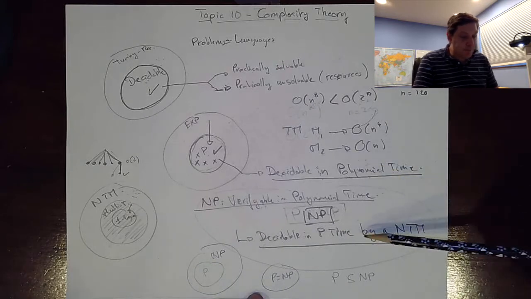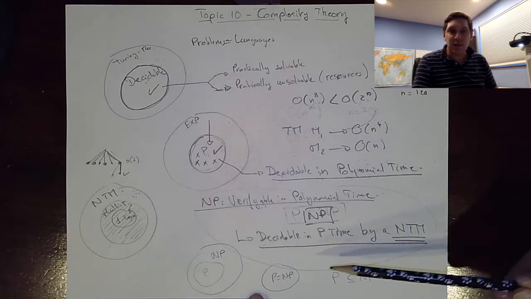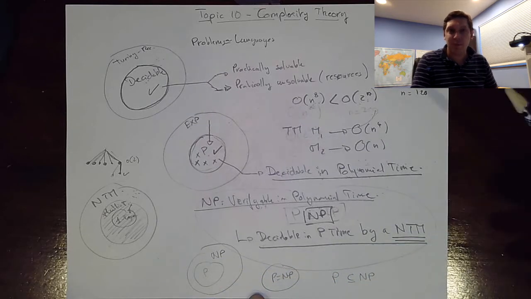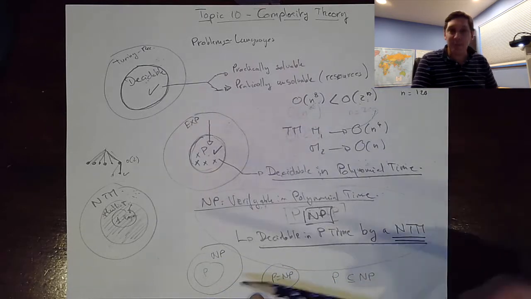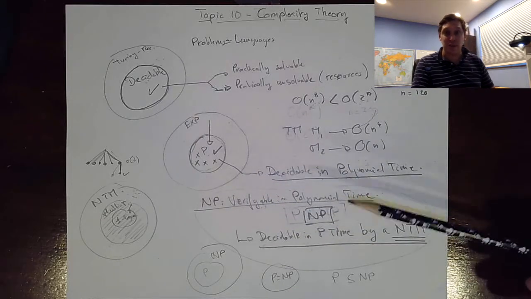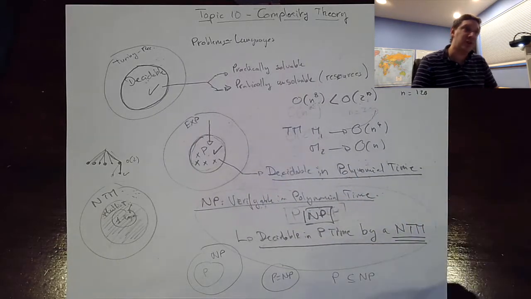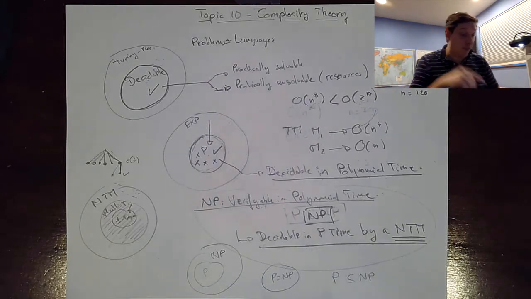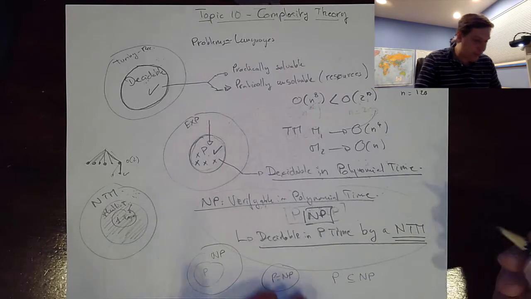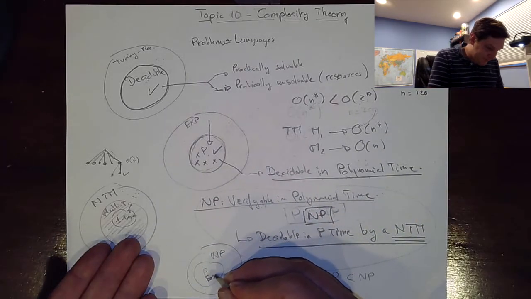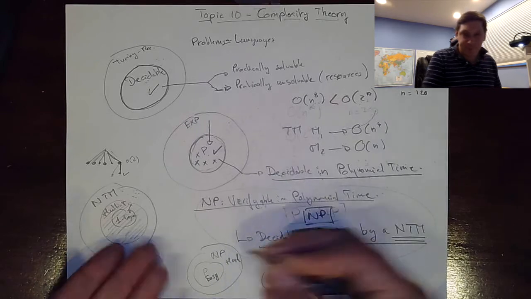But we suspect that this is the case, because we find so many problems that are in NP that are verifiable in polynomial time. So they are still interesting, right? They are not these problems that are just way beyond reason, right? They are what we call hard problems, right? If you want to make it oversimplistic, you can say easy and hard, right?